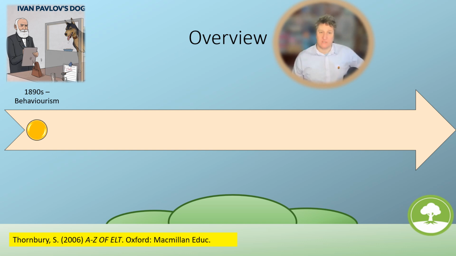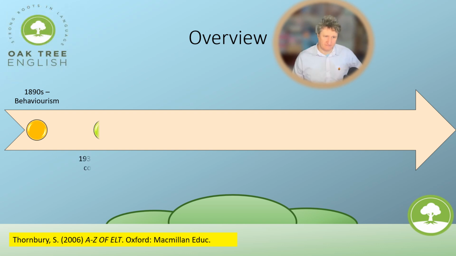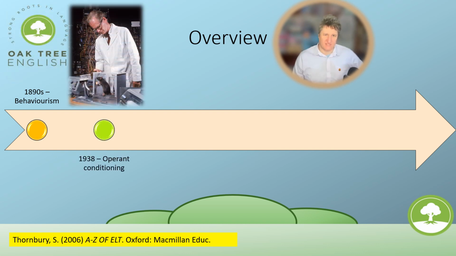This came into language learning as audiolingualism, or drilling. In 1938, B.F. Skinner added his support to this theory. There's B.F. Skinner, and he moved it forward with operant conditioning.